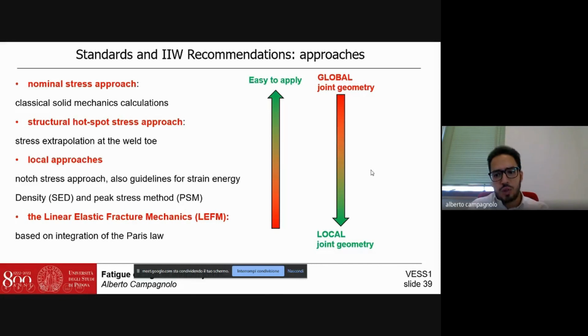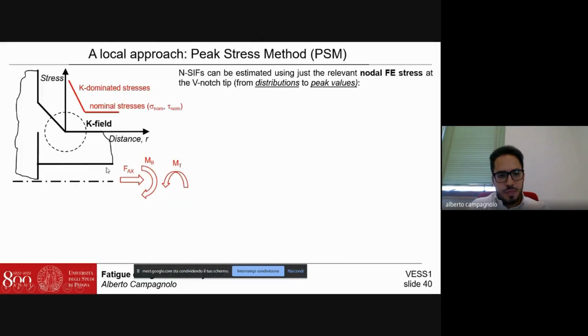In most cases, we can use only one fatigue strength curve, which is useful in industrial applications. Moreover, the accuracy also increases using the local approaches.